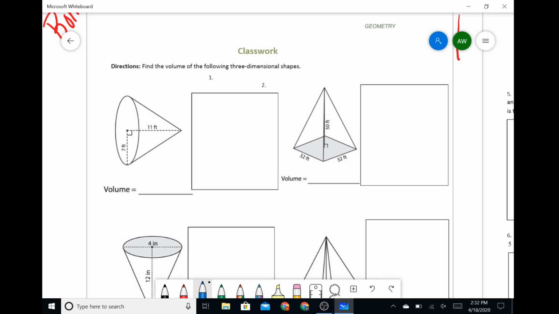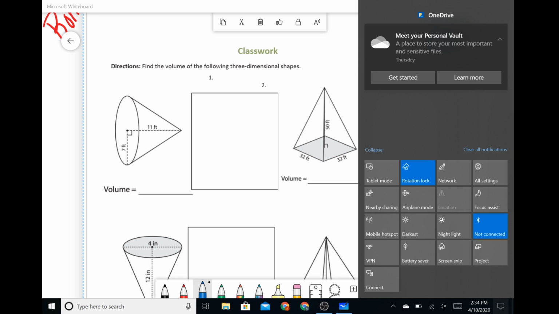I'm going to check. My screen might look really weird for a minute. Why don't we turn that down? There we go. Maybe that'll help us.